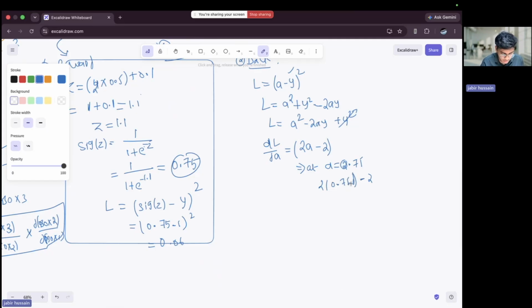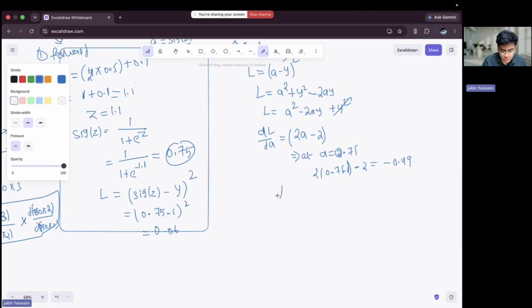Yep, correct, I'm doing it correct. So it will give me minus 0.5. So this is the formula: dL by dA is equal to 2 into (A minus 1), and at A equal to 0.75 I get my output as minus 0.5. Put it in a box. Okay, I have put it in a box.